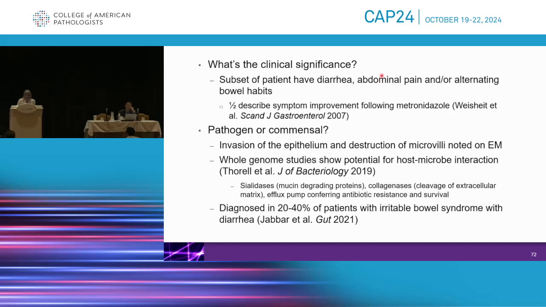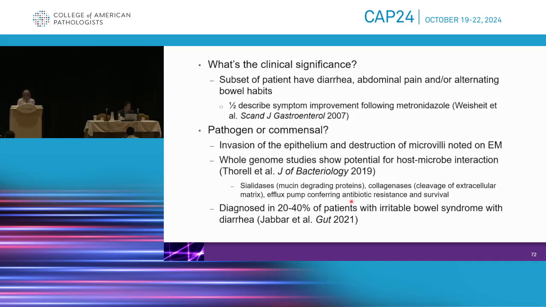And actually on whole genome studies, there also has been shown to be potential for host microbe interaction through enzymes like sialidases, collagenases, and efflux pump antibiotic resistance mechanisms. And these are things that are all present in other GI infections, so it just makes one think.